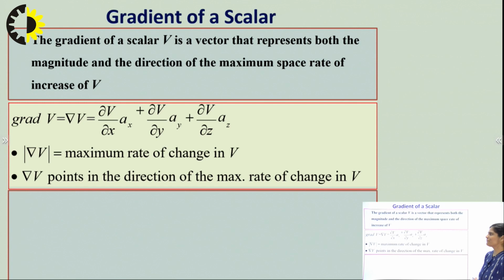Now gradient of a scalar. Gradient of a scalar is a vector that represents both the magnitude and direction of the maximum space rate of increase of V. This is represented as gradient V is equal to del V, which is equal to del V upon del x unit vector of x plus del V upon del y unit vector of y plus del V upon del z unit vector of z.